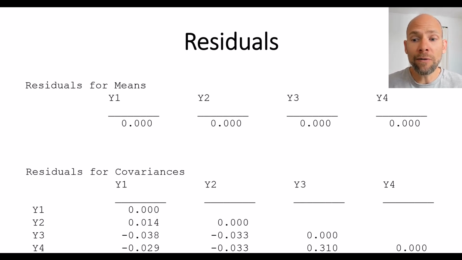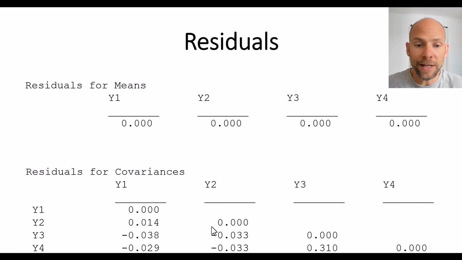When we look at the covariances, you can see that it looks a little bit different, because the covariances here are not fully reproduced. You can see the variances, the values on the diagonal, because those are the covariances of the variables with themselves, are adequately reproduced by this model, so all those residual values are 0.